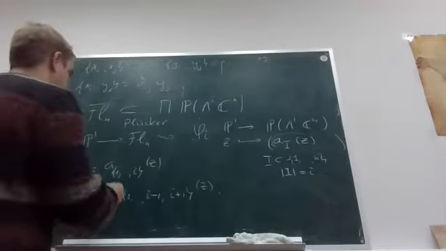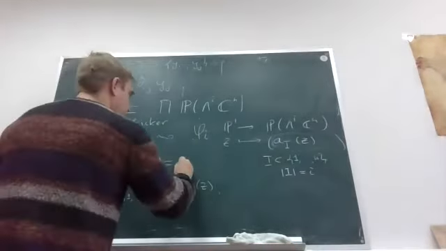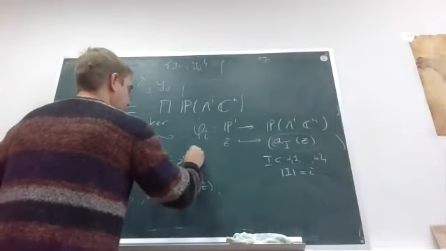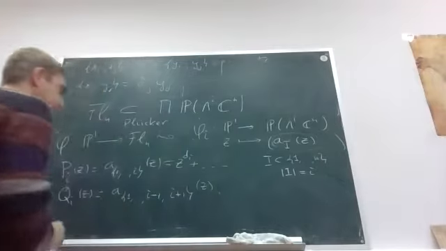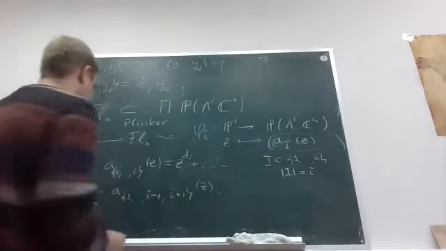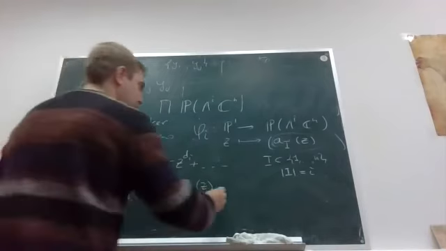This is going to be a monic polynomial, z to the power d_i plus something, and this is going to be a degree d minus 1 polynomial.